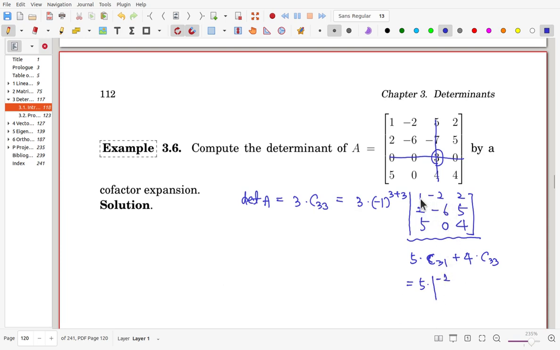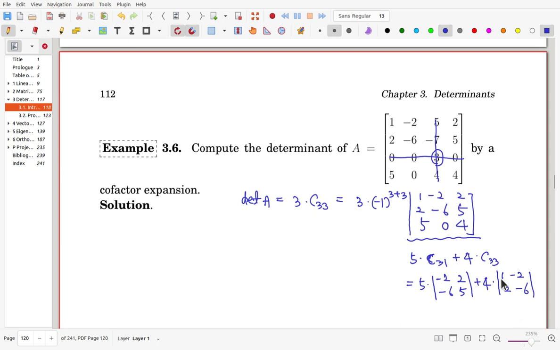So here the submatrix is, eliminating this column and row, minus 2, 2 and minus 6, 5, right? And plus 4 times minus 1 to the 3 plus 3, which is 1, and here the determinant of the submatrix, 1, minus 2, 2, minus 6.